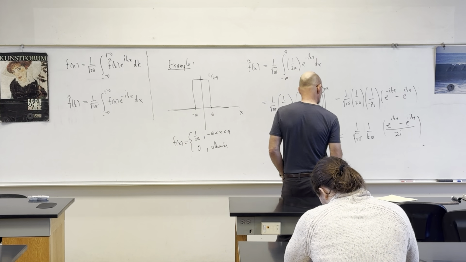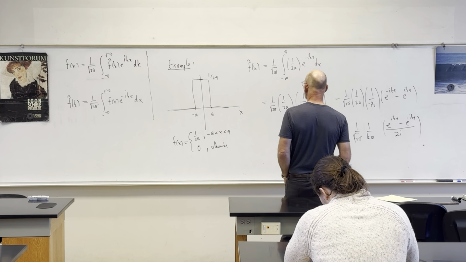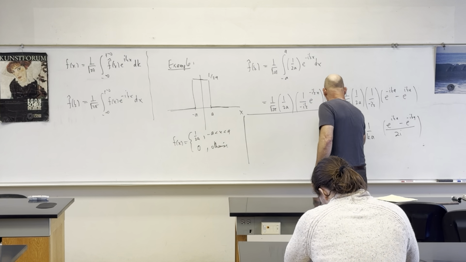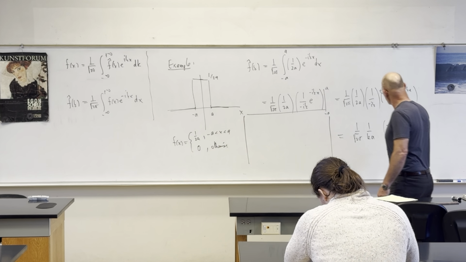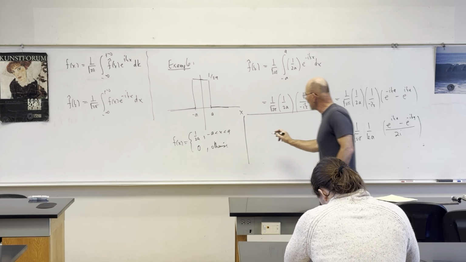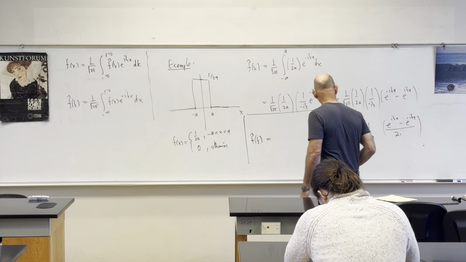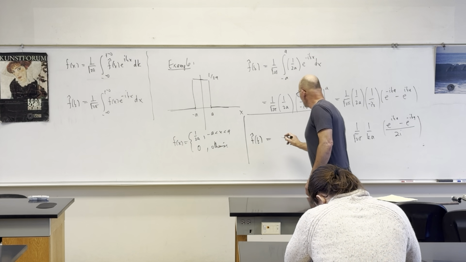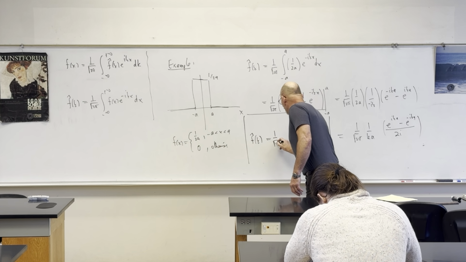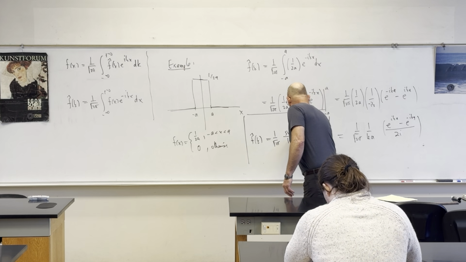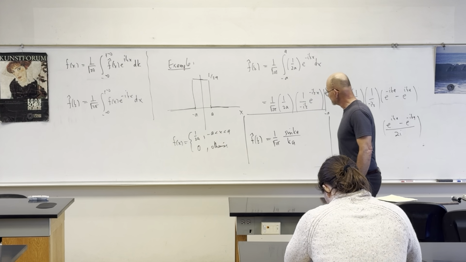That's the kind of thing we want to start to recognize. Here, I'll use this little piece of board. So what we got for this f hat of k is equal to 1 over root 2 pi, sine of ka divided by k times a.